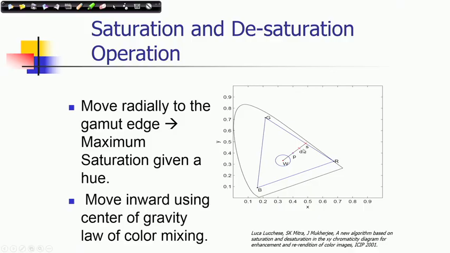However, any point on the straight line itself can represent a color having the same hue, that means the color corresponding to the wavelength represented by this vector. So, there is another operation called desaturation, because saturation may not always give you a pleasing sensation. It is not true that the more saturated the colors, the more pleasing they are in our perception.